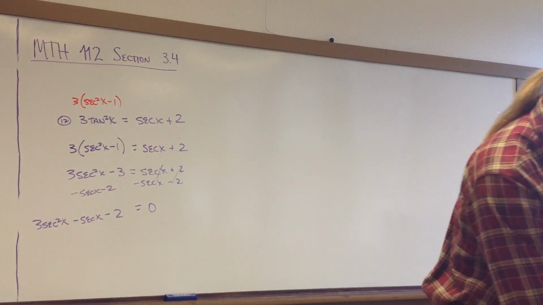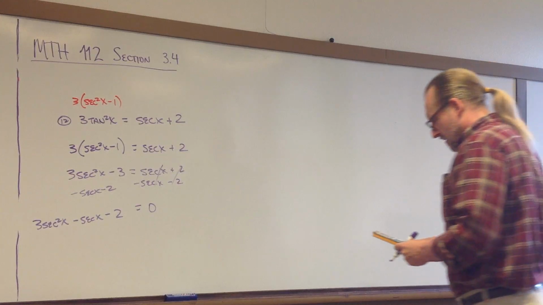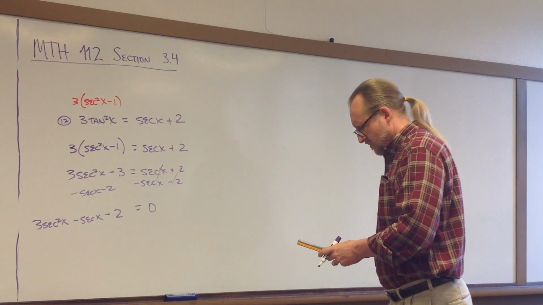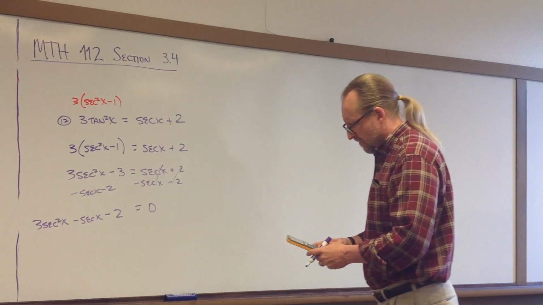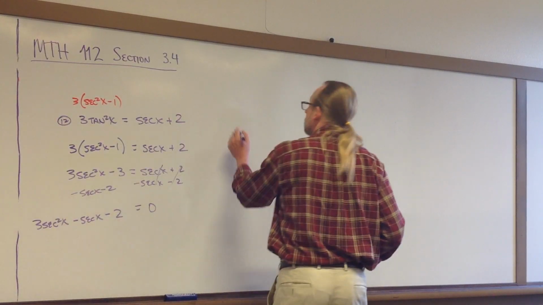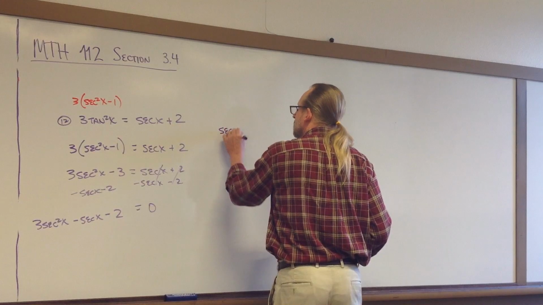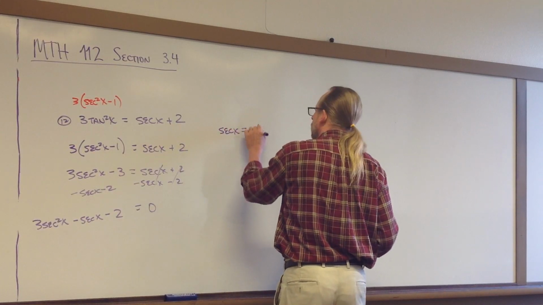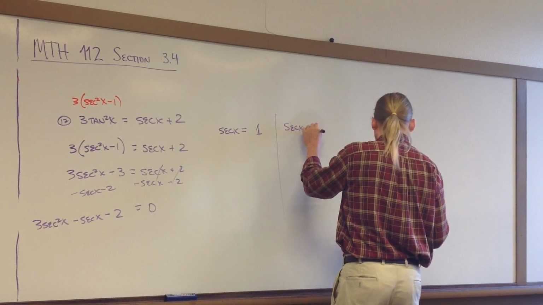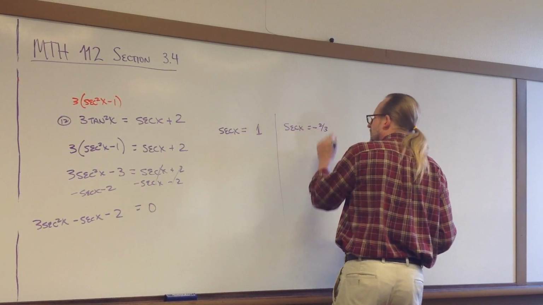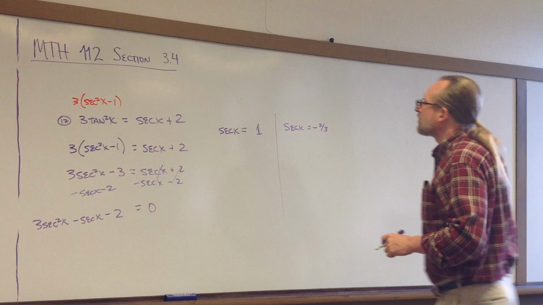I'll go ahead and run it through the quadratic anyway. See what we get. Let's see, 3, negative 1, negative 2. Yeah, so what we get here is secant x equals 1, or secant x is negative 2/3, or negative 0.6 repeating.